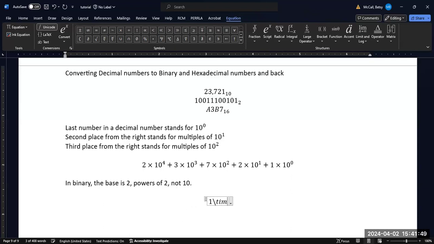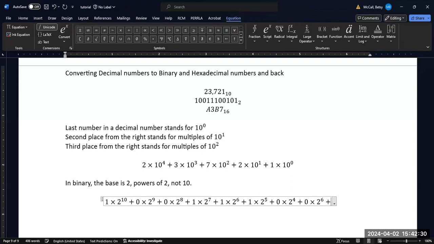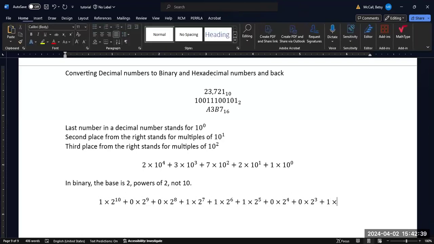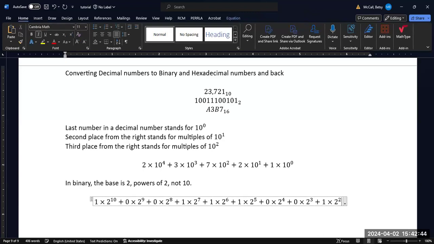So this would be 1 times 2 to the 10th plus 0 times 2 to the 9th plus 0 times 2 to the 8th plus 1 times 2 to the 7th plus 1 times 2 to the 6th plus 1 times 2 to the 5th plus 0 times 2 to the 4th plus 0 times 2 cubed plus 1 times 2 squared plus 0 times 2 to the 1 plus 1 times 2 to the 0.